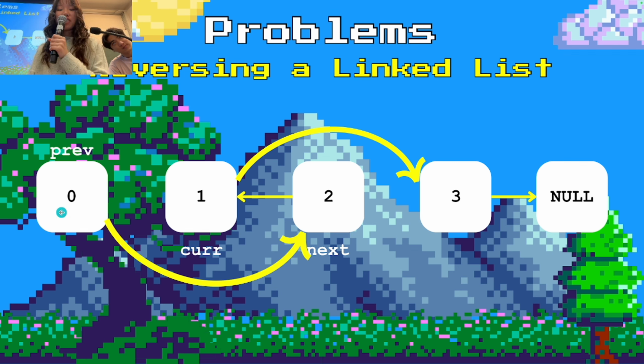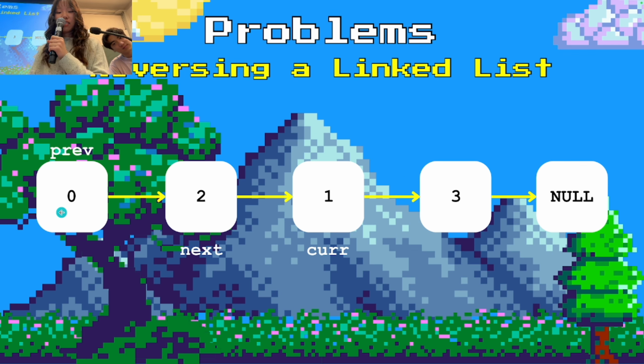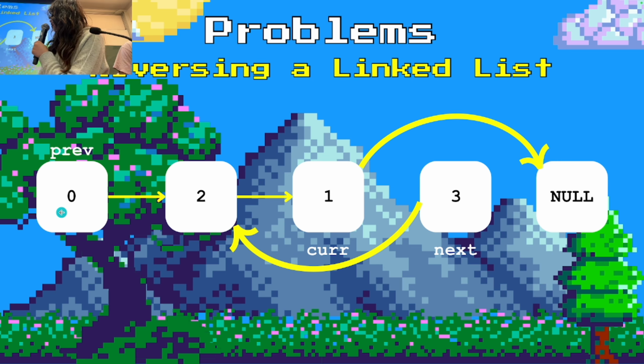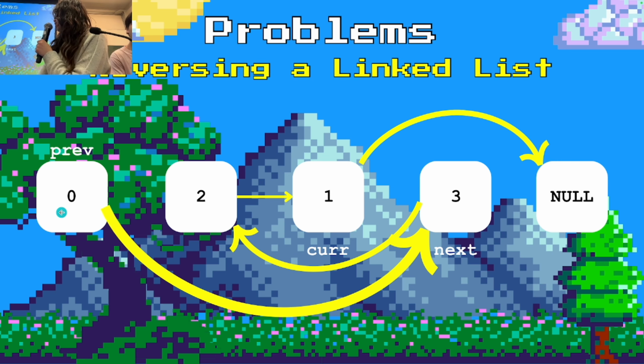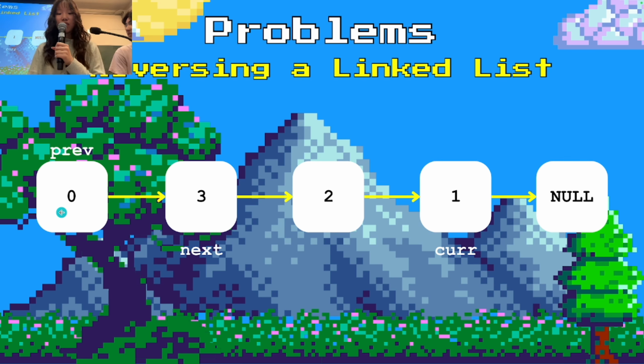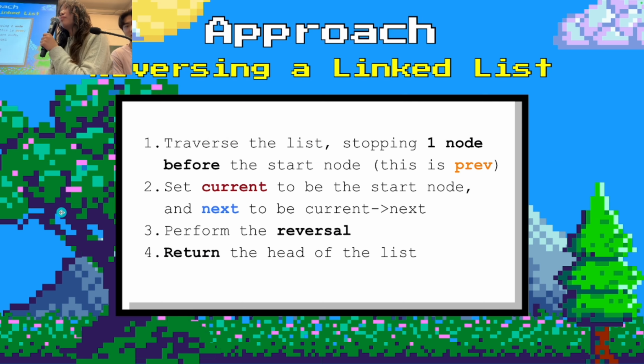Yeah, you point previous next to next. And then again, it's current next equals next, and then next equals previous next, and that's how you reverse it.